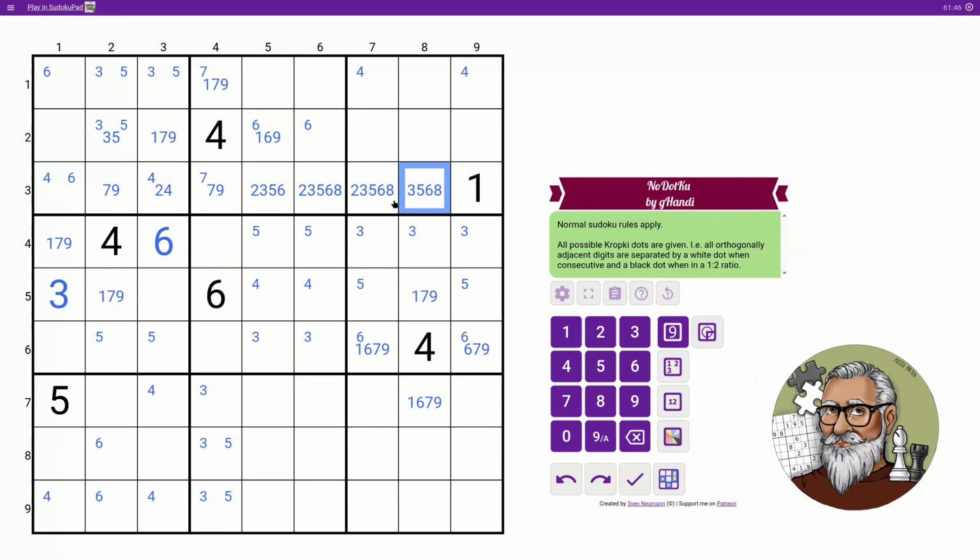How is this going to help? Well, there's no 6 here, of course. So it's from 2, 3, 5, 8.